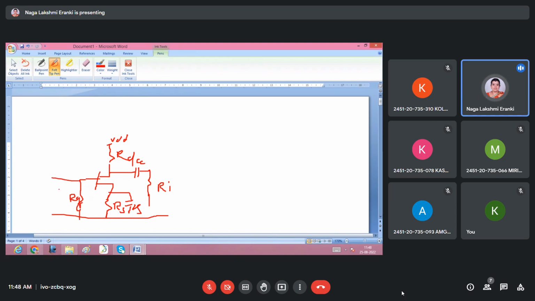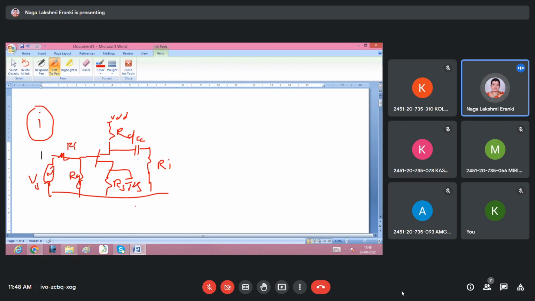So this is the equivalent circuit. Here we are connecting the source, and whenever you connect the source, a small RS will also be there. So the first step is to replace the complete second stage by considering its input resistance as the load resistance to the first stage.